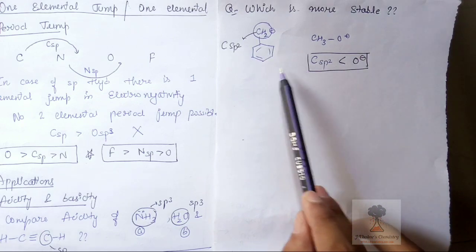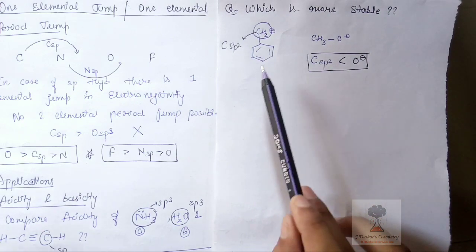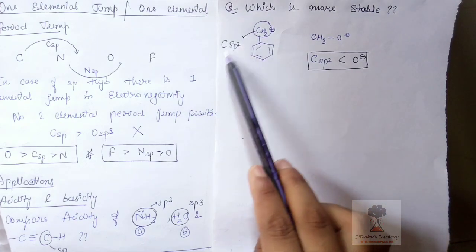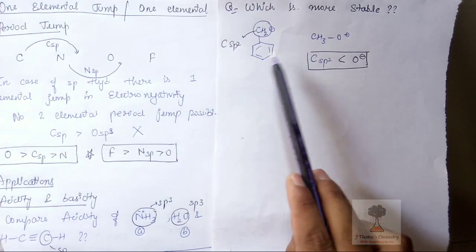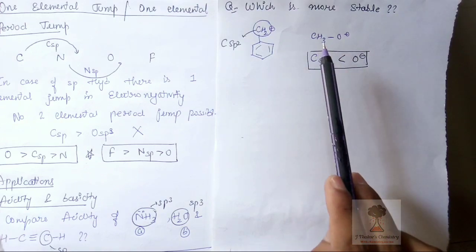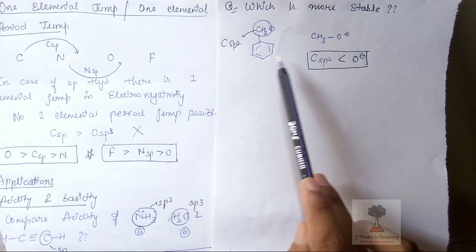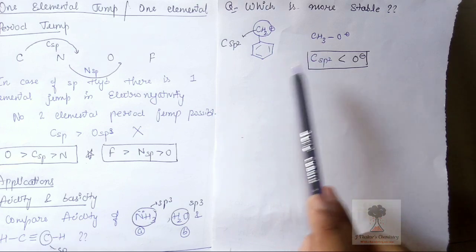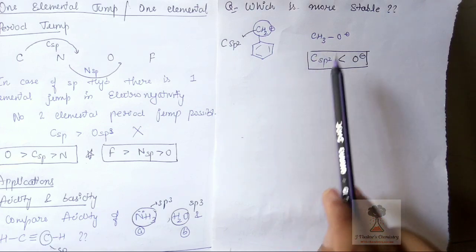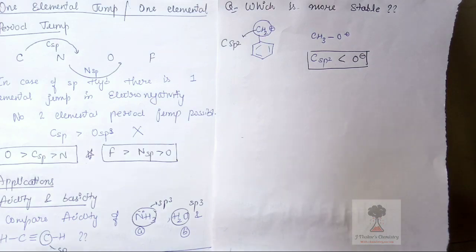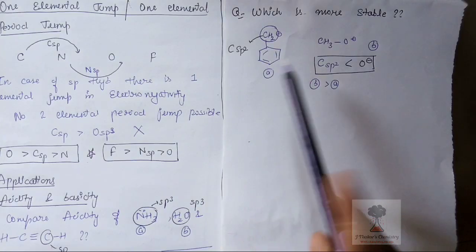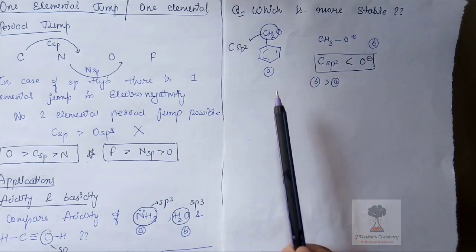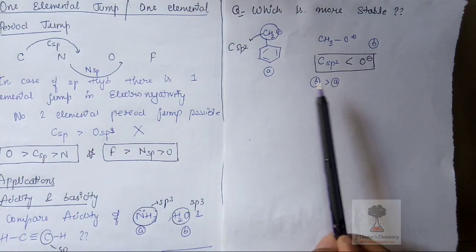By elemental electronegativity, the electronegativity of carbon, which is sp2 hybrid here, is less than oxygen. So according to electronegativity, oxygen has more tendency to accumulate electrons on it. Due to this, B is more stable than A based upon elemental electronegativity.